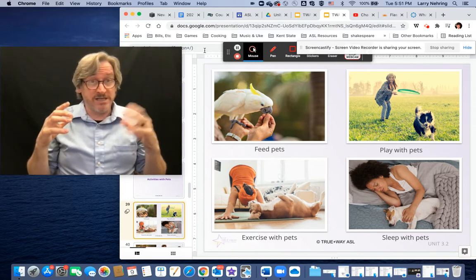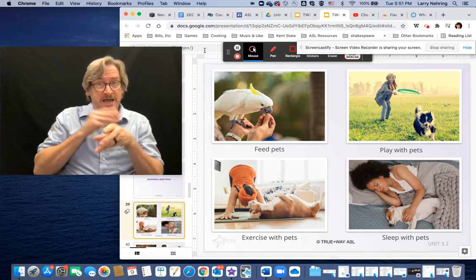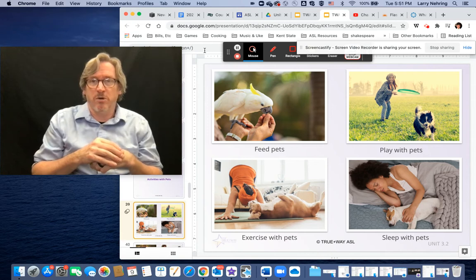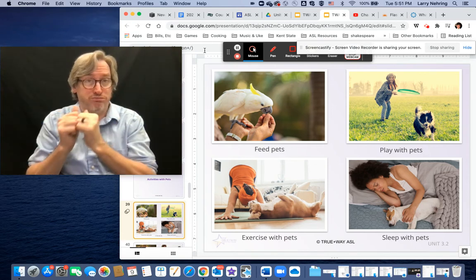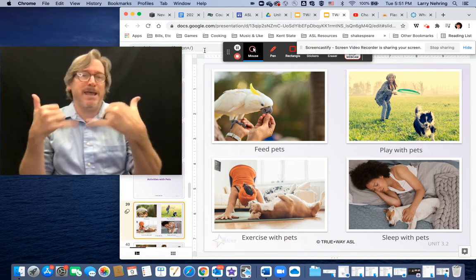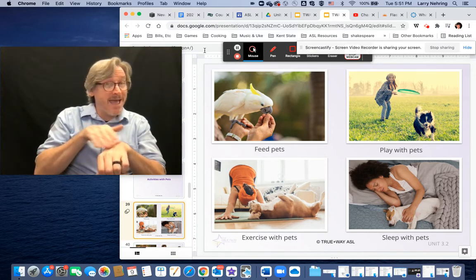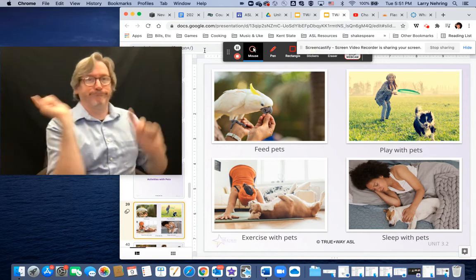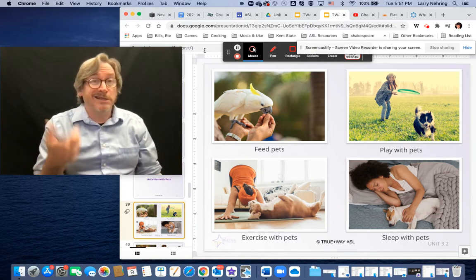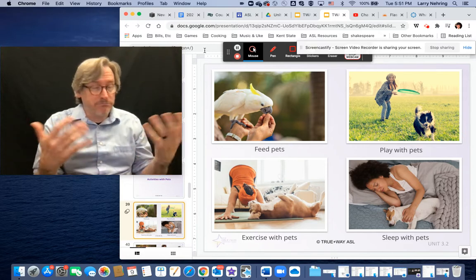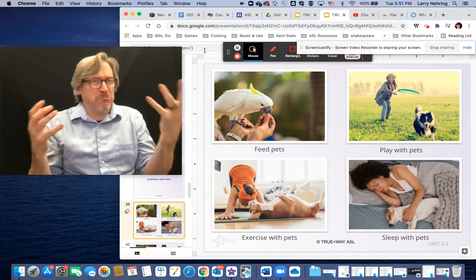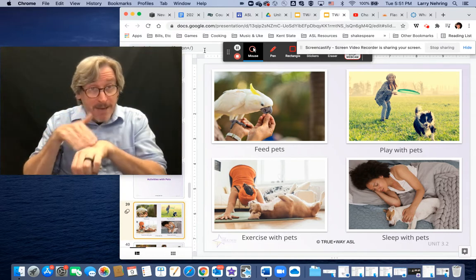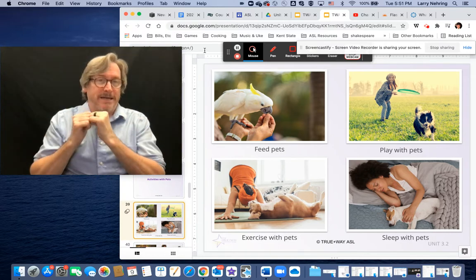What I'm going to do with most of these is sign pet first and then the verb. So object, subject, verb. So play together. Pet, play together. Pet, exercise. And sometimes people say, let's go out to do it, or let's go outside, play. So you can add in stuff like that. The general concept is like pet over there, we'll play together.